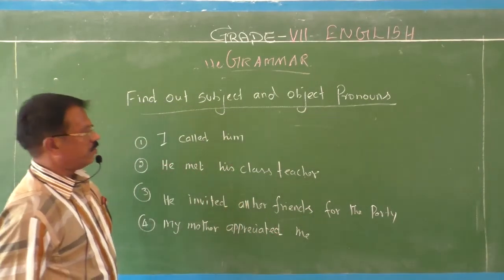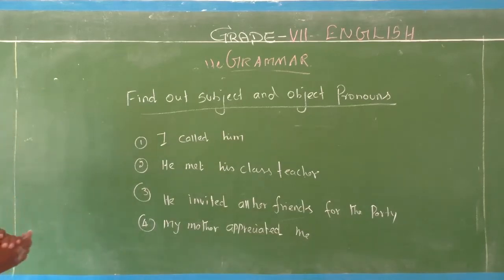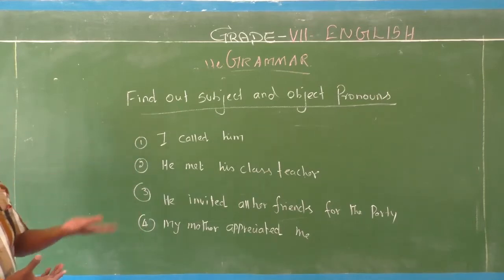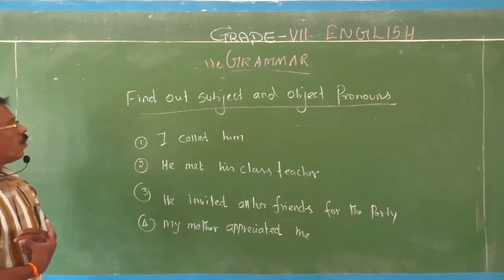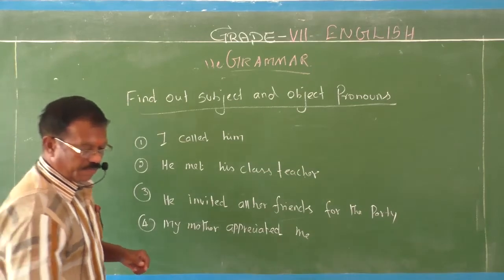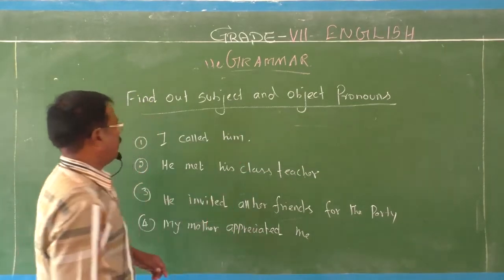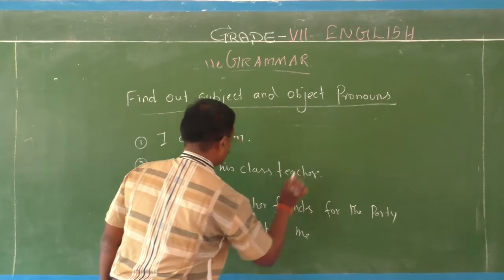Here I have given you four sentences. You just try to find out in these sentences the subject pronouns and the object pronouns. What are subject pronouns and what are object pronouns? See, let me read out these sentences once again. I called him, full stop. He met his class teacher, full stop.